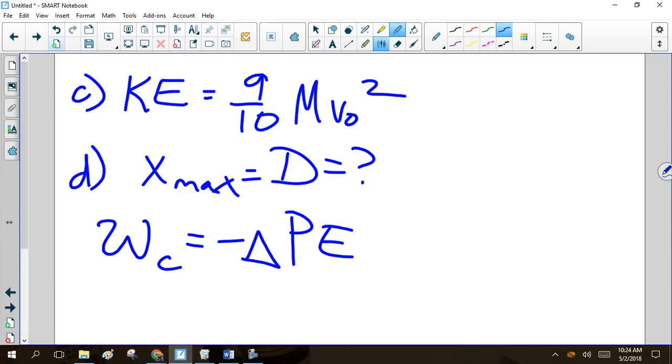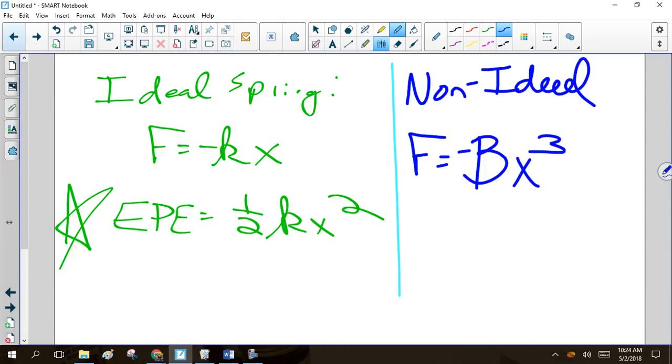So, as we said here, to get from here to here, we integrate. So to find this elastic potential energy, we're going to integrate and get rid of the negative. Follow? Okay, so let's integrate it.